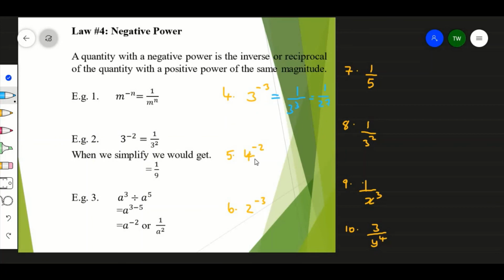Example 5, we have 4 to the negative 2, then this is the same thing as 1 over 4 squared, which is equal to 1 over 4 times 4, which gives us a final answer of 1 over 16.